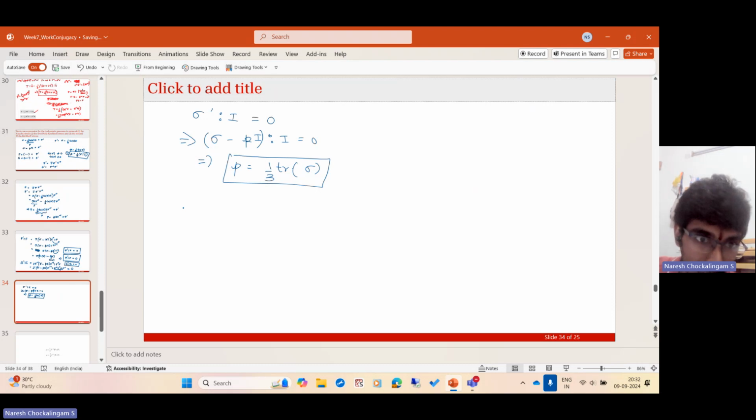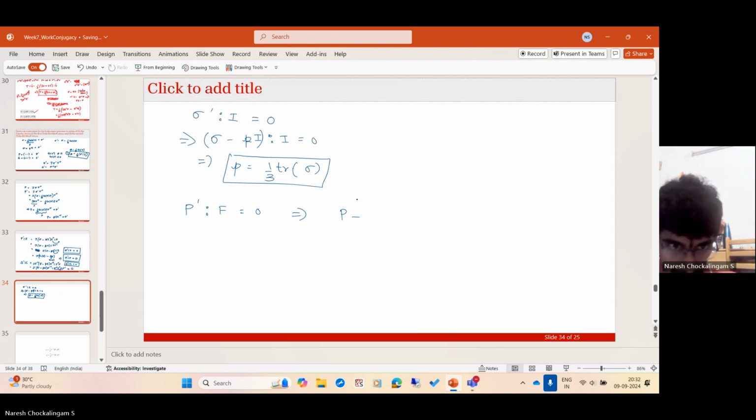The second condition, we have P dash contracted with F is equal to 0, which means P minus, this has to be just P times I. So the hydrostatic part does not change in any case. P minus Pi contracted with F is equal to 0, which means, wait a minute.